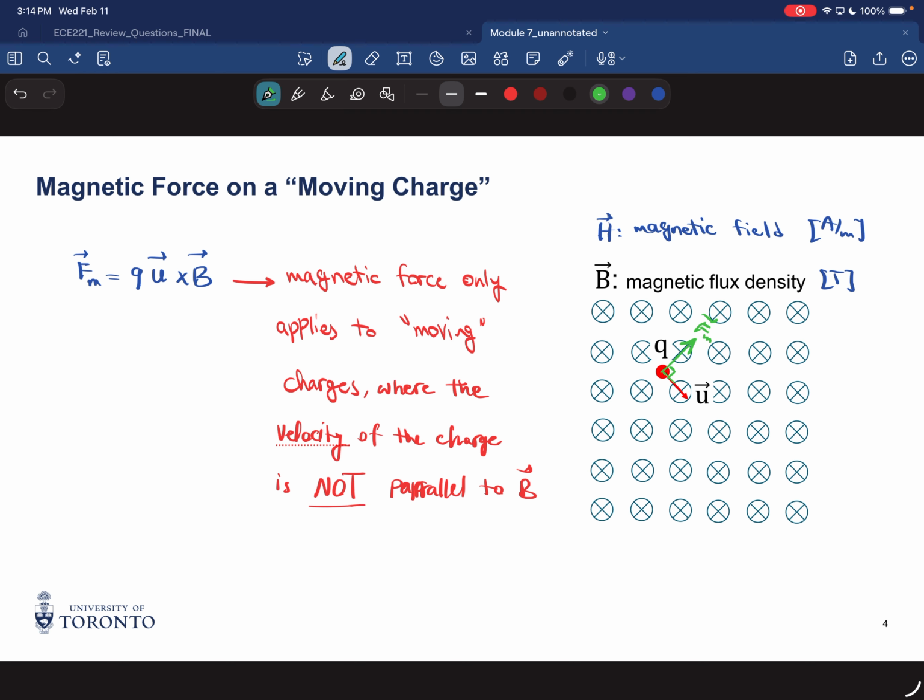So what happens? If the charge was moving on this trajectory, trying to move like this, initially or as planned, what Fm does is that it will take Q and bring it a little bit higher every time.